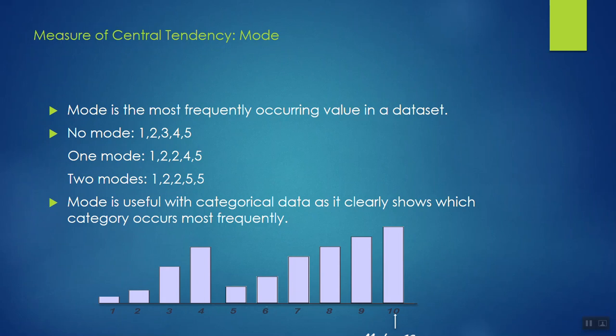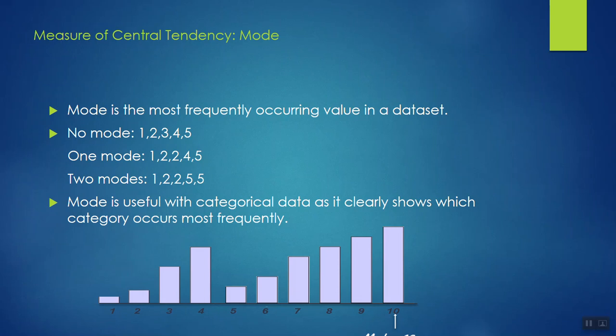Now mode is useful with categorical data as it clearly shows which category occurs most frequently. Let's take an example of a stationery shop, and suppose we have 10 types of pens, and we have to measure which pen sold the most.